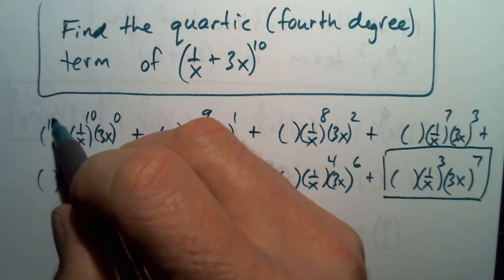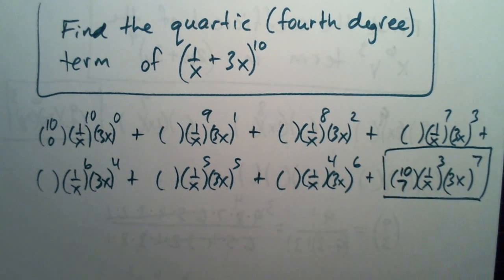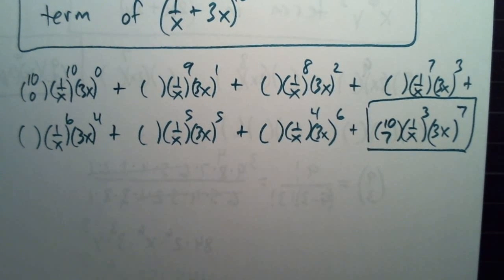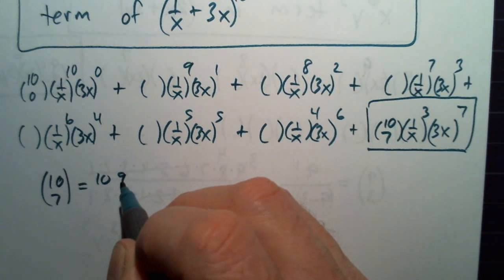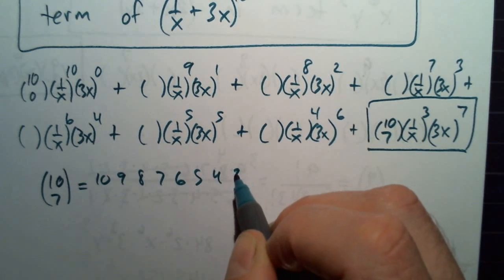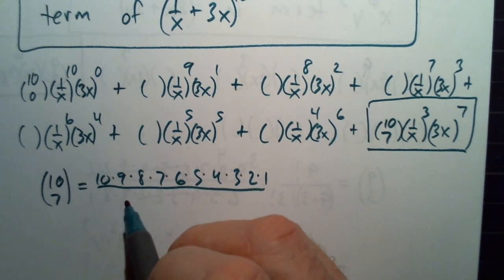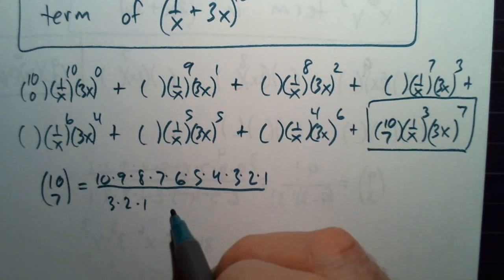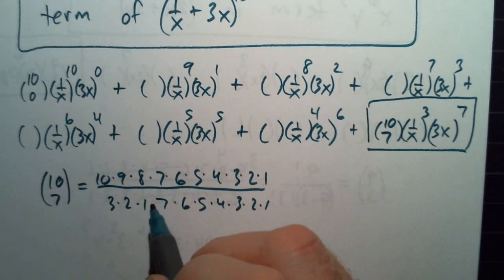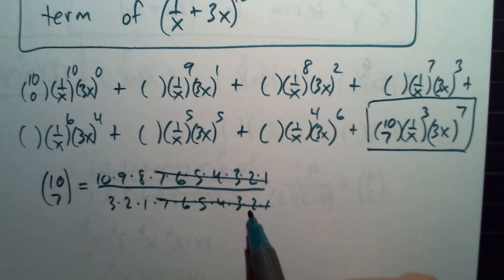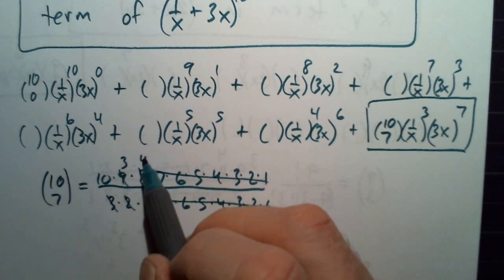And we're going to start with 10 choose 0, 1, 2, 3, 4, 5, 6, 10 choose 7. And that's 10 minus 7, 3 factorial, and then 7 factorial. 7 factorial cancels the 7 factorial. 3 reduces the 9. 2 reduces the 8.